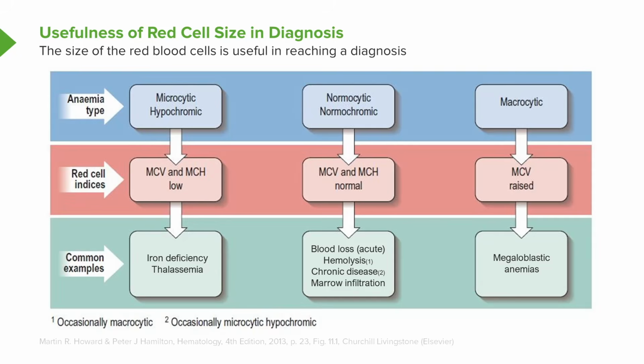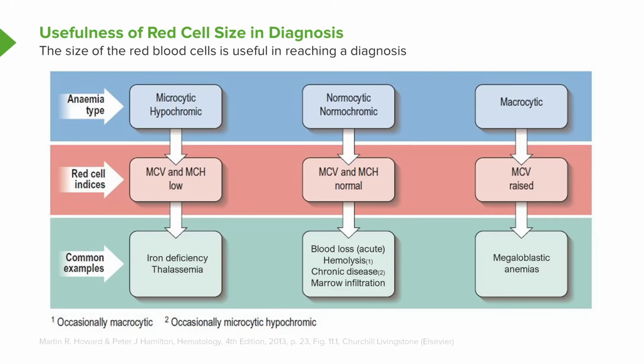That's one major classification. If we follow that line down, you will see that the red cell indices show that the MCV and the MCH, that means the mean cell volume and the mean cell hemoglobin, are both low. You'll see at the bottom iron deficiency and thalassemia as the causes. I'll address that in a minute.